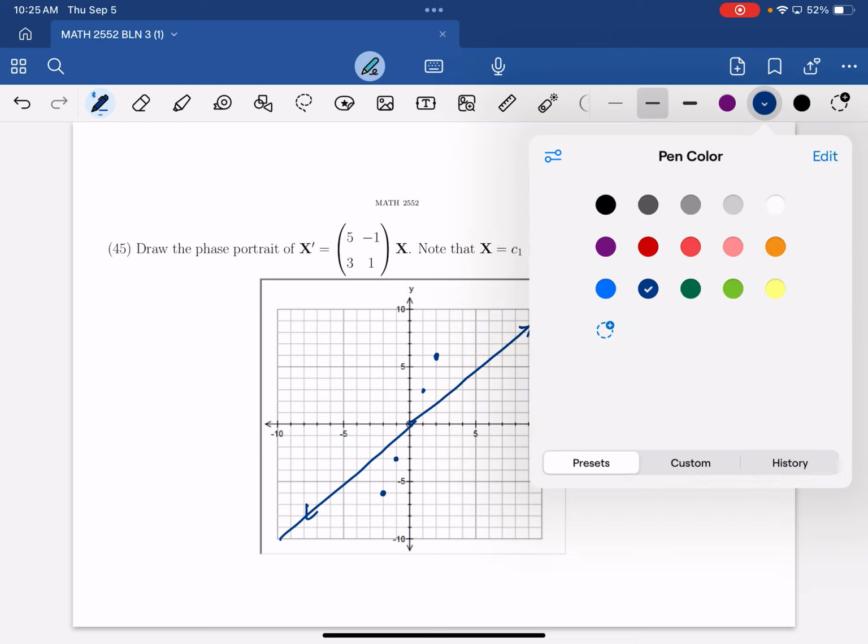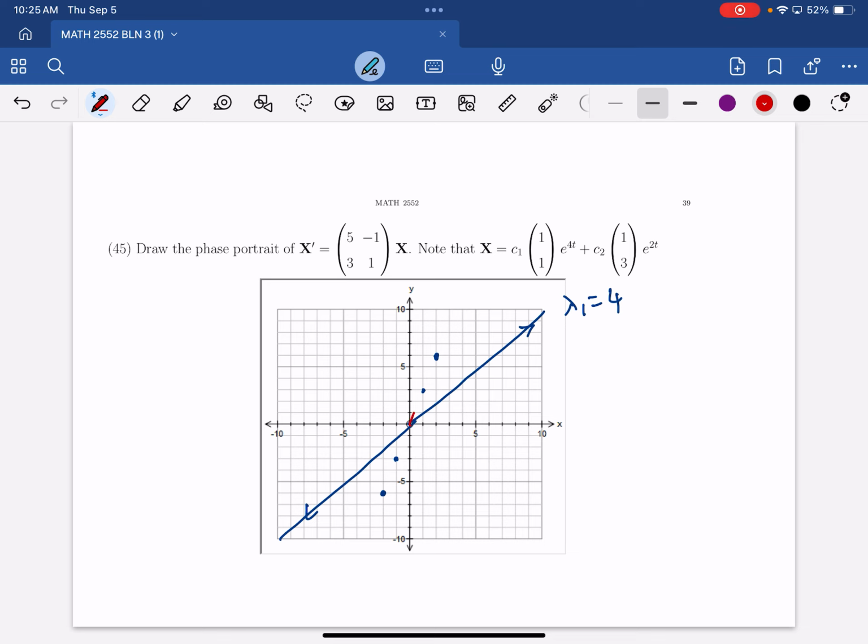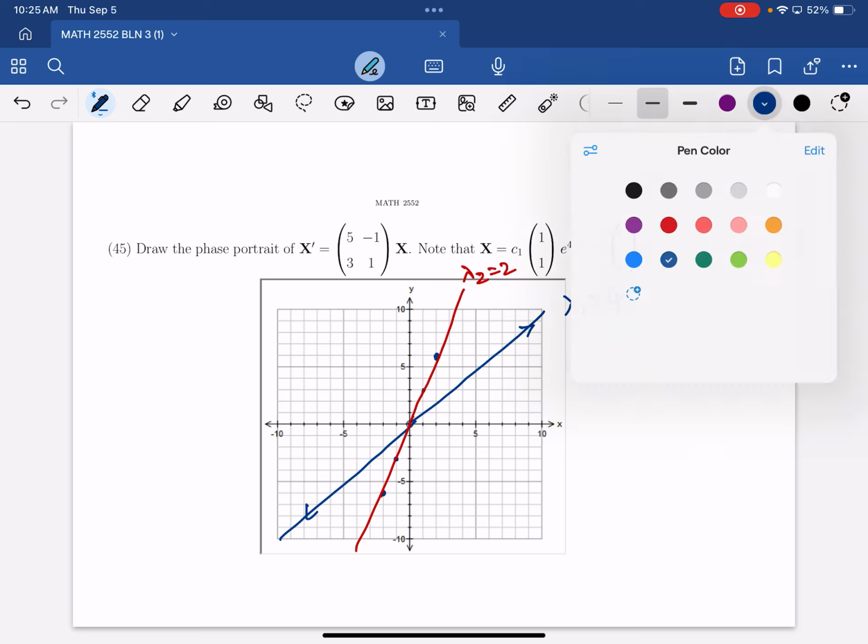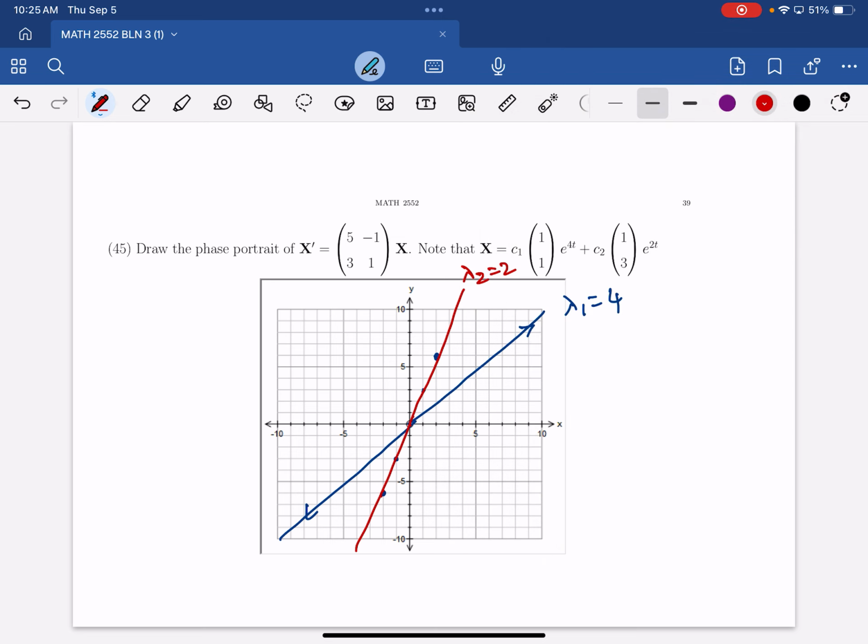Change the color, sketch the line. So that's lambda 2 equals 2, right? Do you agree? Yes, I think I got it pretty much. But now, oh, no, I need to draw the outbound arrows here as well. Okay?